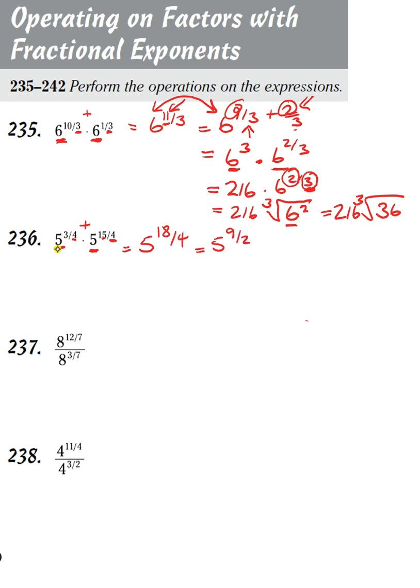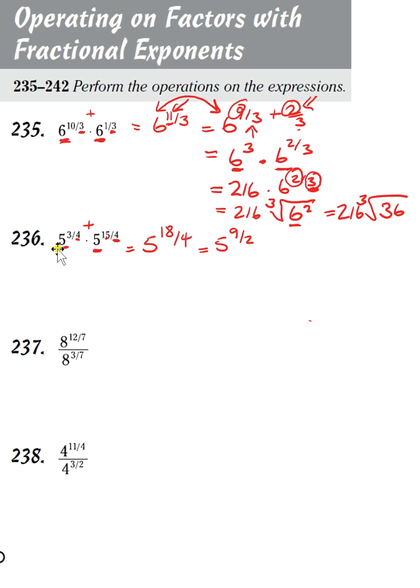Alright, we've got that. Now here comes the fiddly bit. We have to get the largest whole number, and then a fraction. So we've got a 9 and a 2. So 2 would go into 9 4 times, and leave a remainder of 1. So 2 times 4 would give us 8, so we'd get 5 to the 8 over 2, and that's how we're going to get our 4, our largest whole number.